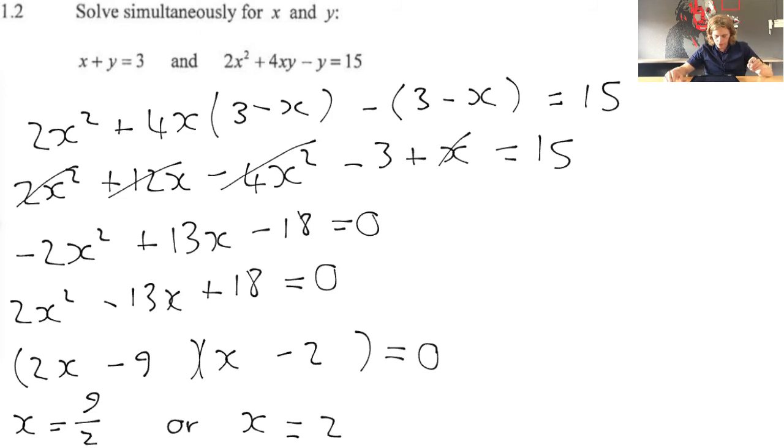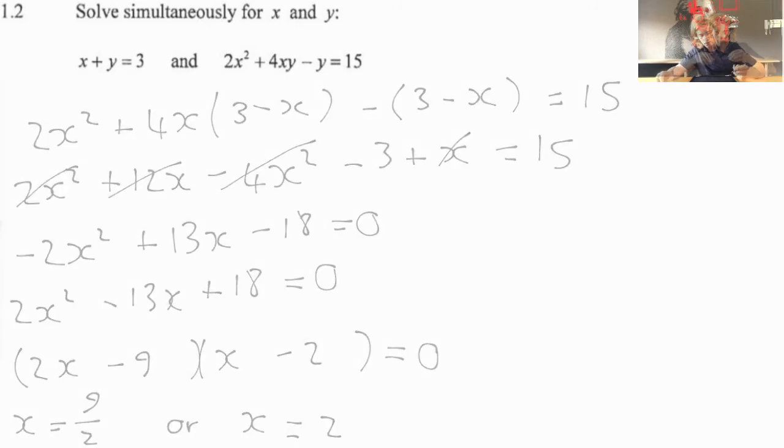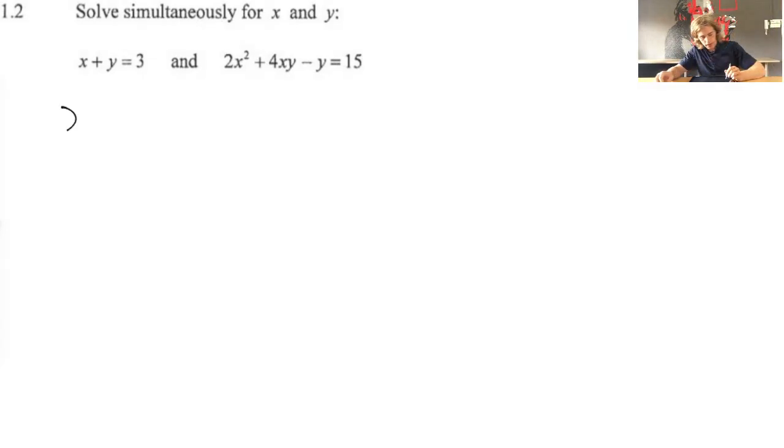And now we have to use those and put them back into the top equation to get what the value of y will be for each of those. Okay, so we're going to put x equals 9 over 2 or x equals 2 into this equation.